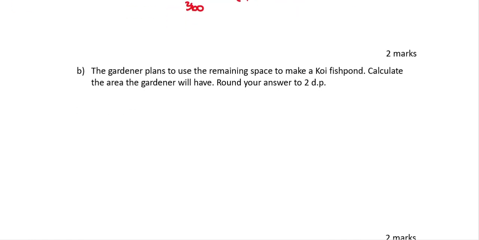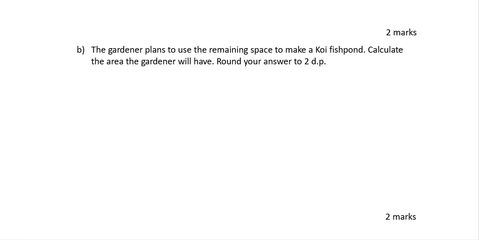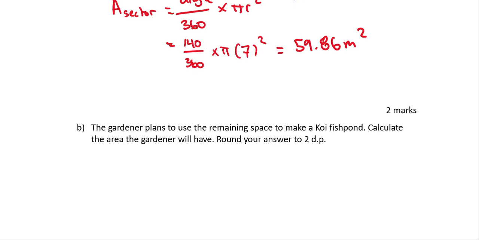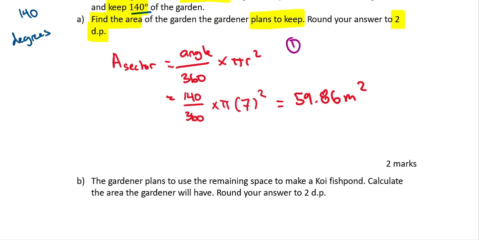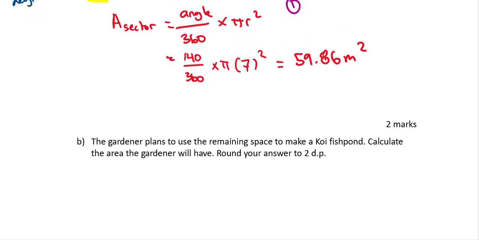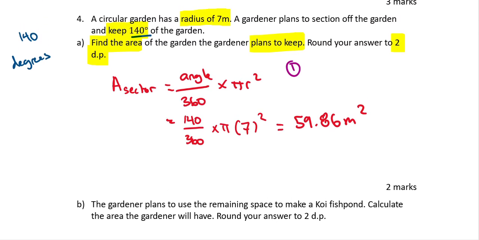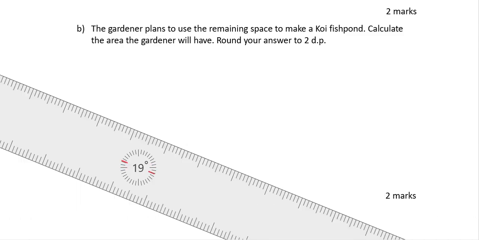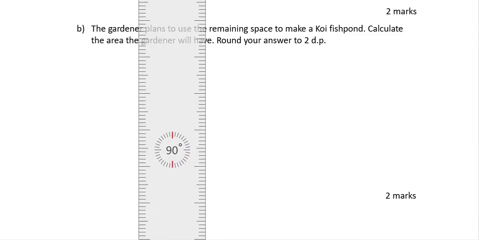Okay. Now, part B tells us the gardener plans to use the remaining space to make a koi fish pond, calculate the area the gardener will have. So there's two ways you can do it, okay? You can just find the area of that specific sector, or you could find the area of the full circle and then subtract it from your answer in part A, okay? I'll see if I can fit both methods here.